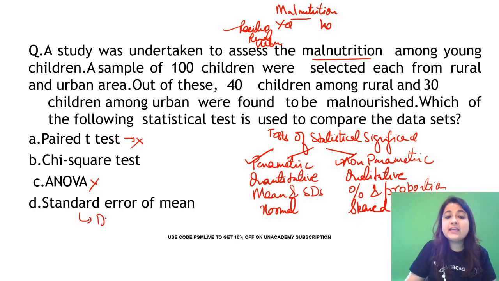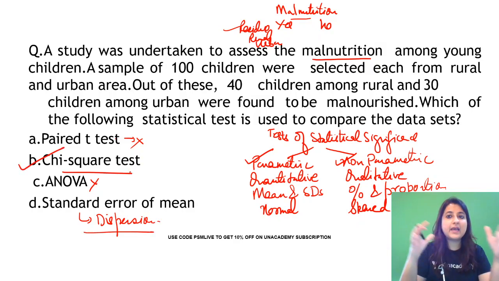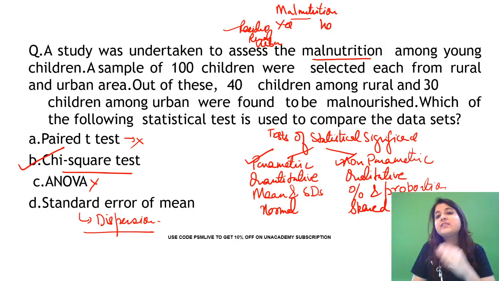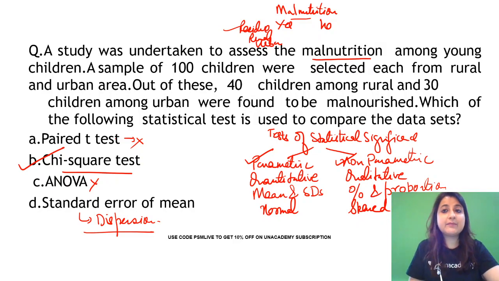Standard error of mean, like I've taught you, is a measure of dispersion. So we were left with chi-square, which is a non-parametric test, and this is used to compare percentages and proportions in two or more than two groups. Understood, everybody? This question was very important, tests of statistical significance.